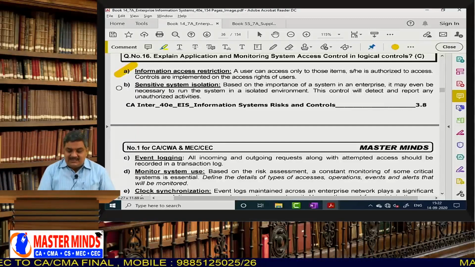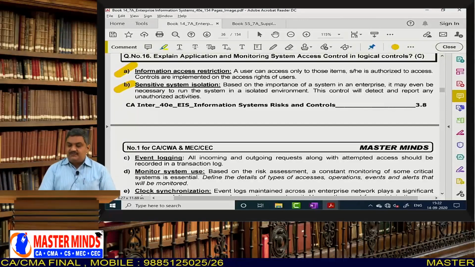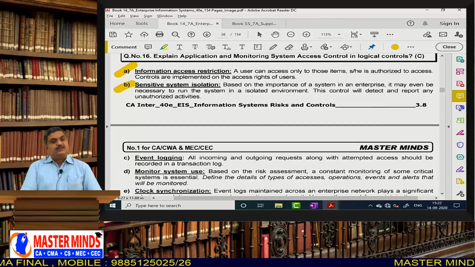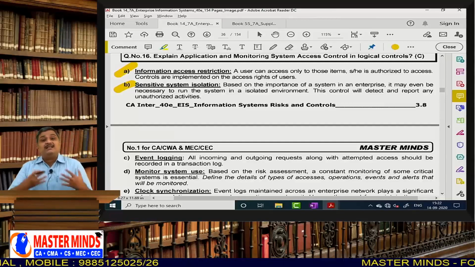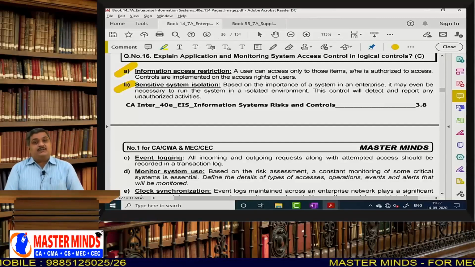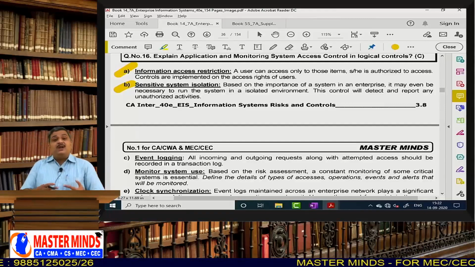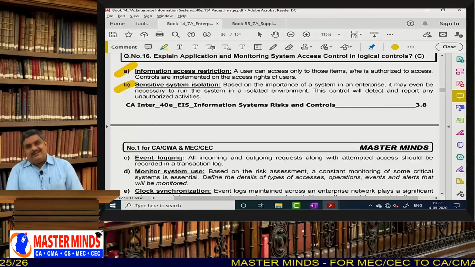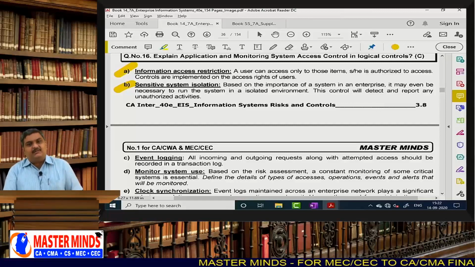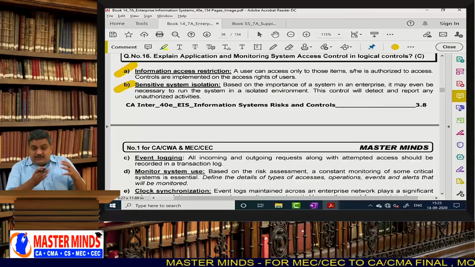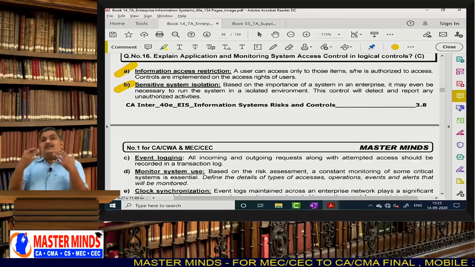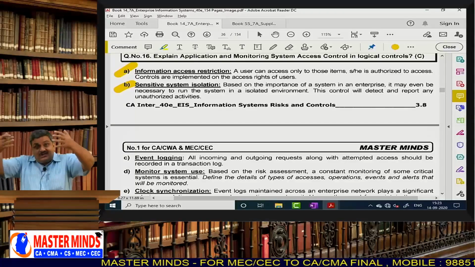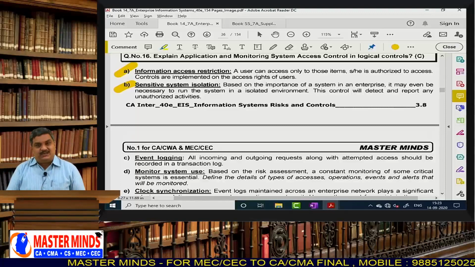And the second one, sensitive system isolation. That means there will be some highly secured systems, some highly secured servers where very important data related to the financial statements are kept. So you need to put that system separately. You should not merge that system in the normal network.